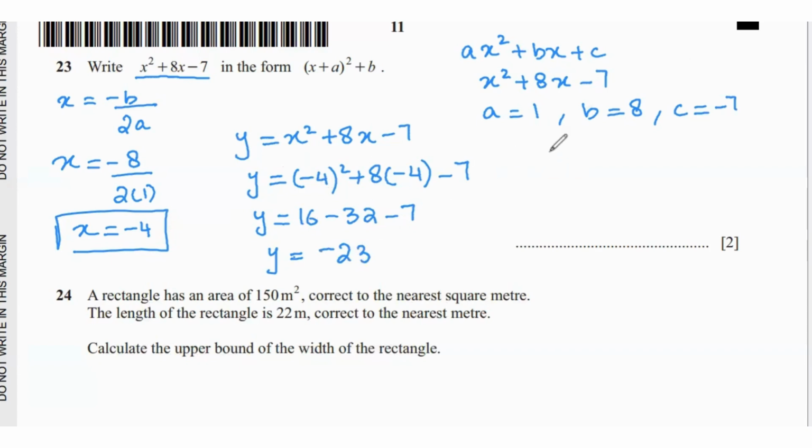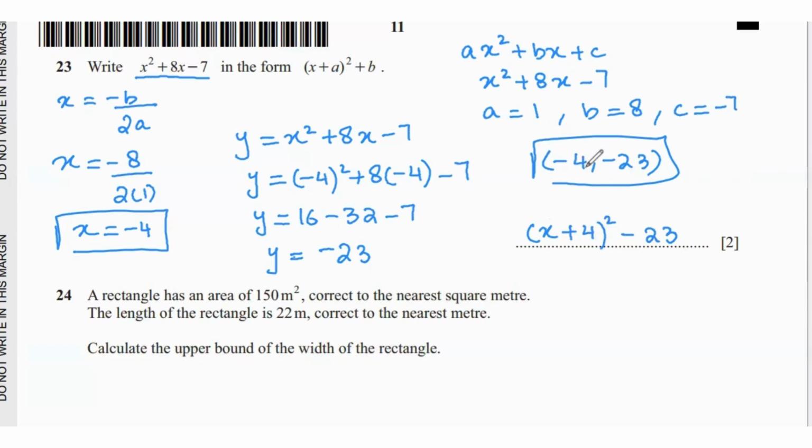So the turning point is negative 4 and negative 23, which means our equation is going to be (x plus 4) whole square minus 23. Now, why is it x plus 4 whole square, not negative 4?